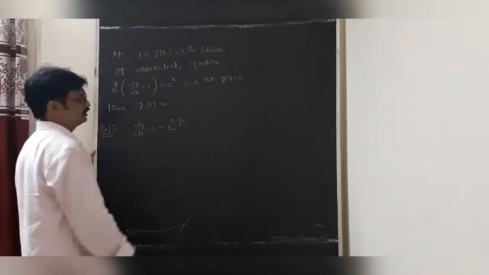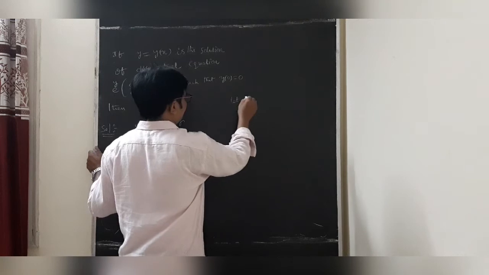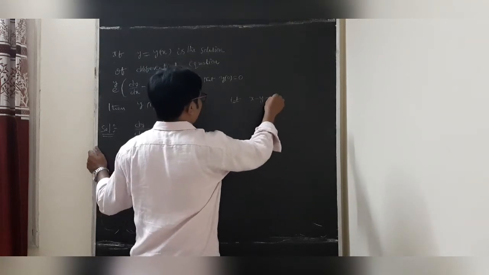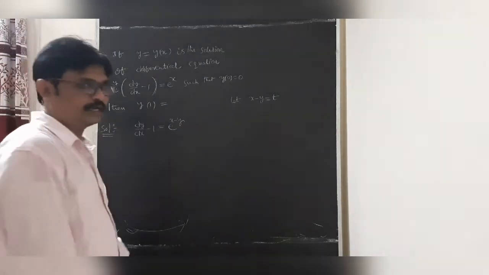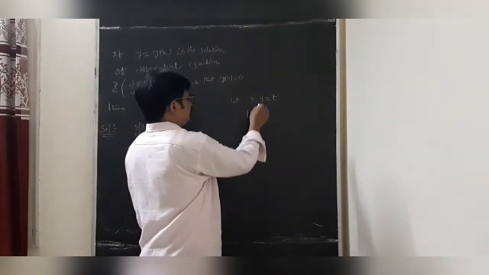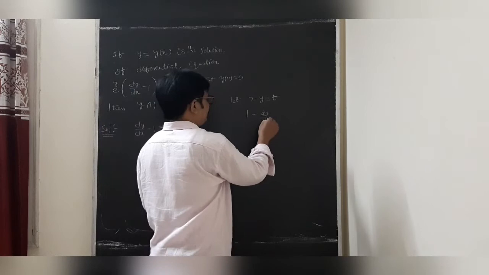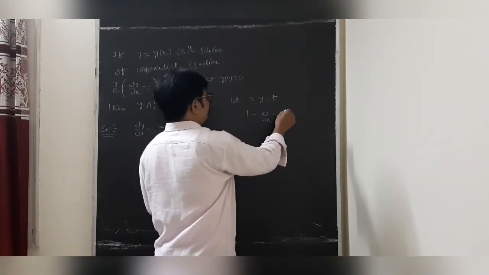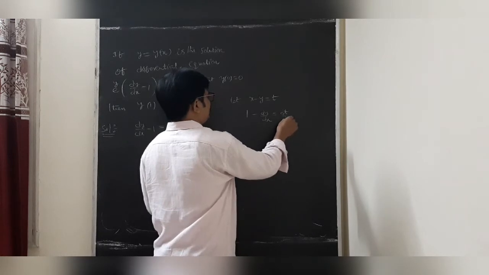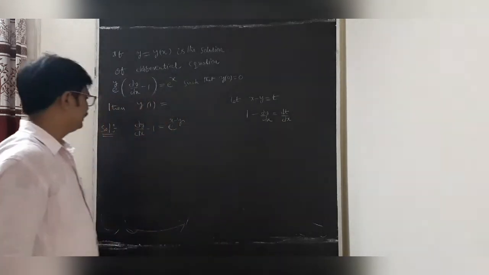Now students, we take x minus y equal to t. The derivative of x is 1, the derivative of y with respect to x is dy by dx, and this is dt by dx.